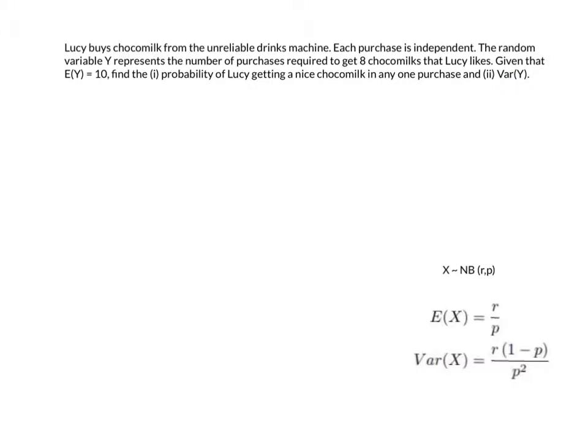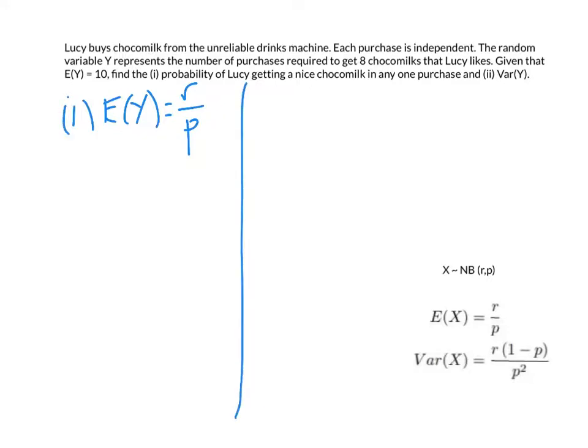So let's have a go at this. We know E(Y) is going to be r over p. Well, let's substitute what we know. We know that the expected amount is 10. We know we're after 8. And we don't know the probability.